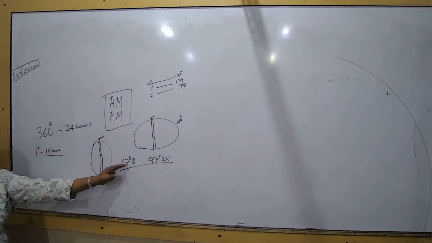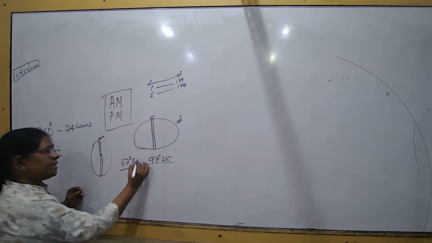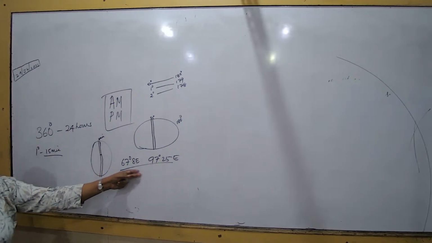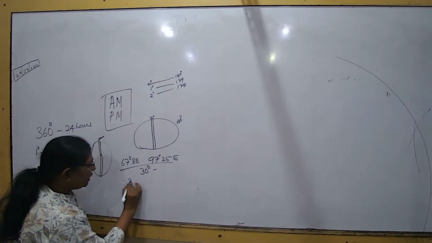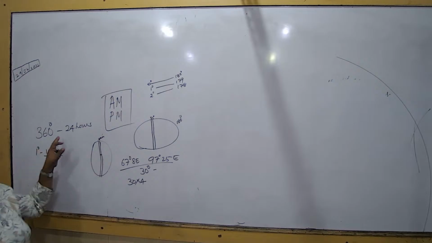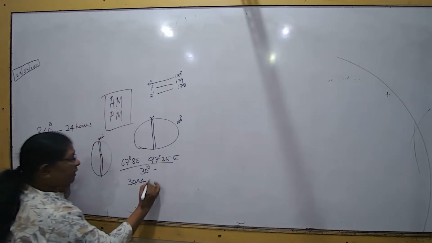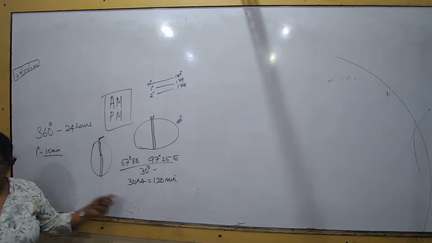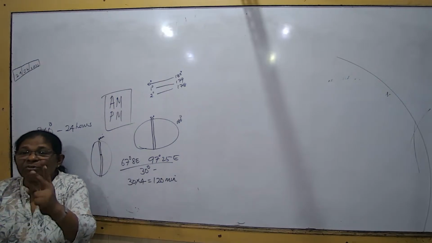It is approximately 30 degrees. Both places are in the east only. The distance between these two longitudes is almost 30 degrees. So 30 into 4 minutes, as I have told you for 1 degree, is 120 minutes. That is why India has a time difference of almost 2 hours.